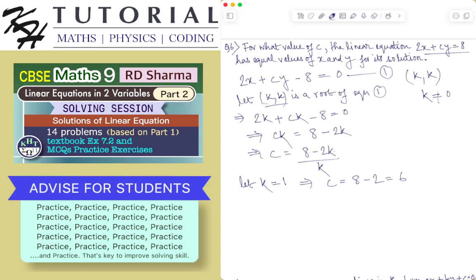It is saying that it has equal values of x and y for its solution. If I put the value of k as 1, I'm getting c equals to 6. So then the linear equation will be 2x plus 6y is equal to 8.